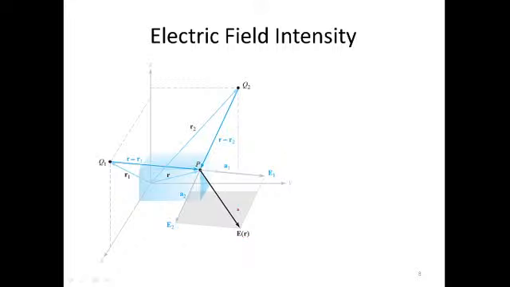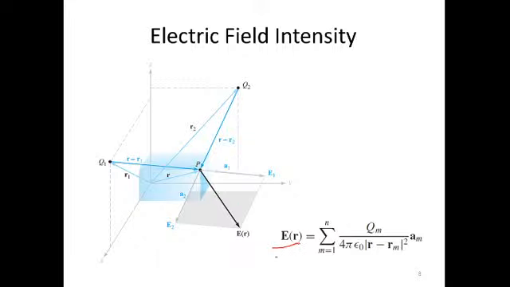Now instead of shifting from one to two charges, if we have multiple charges, again the same thing is to be done, that is summation. Mathematically the expression can be provided here.